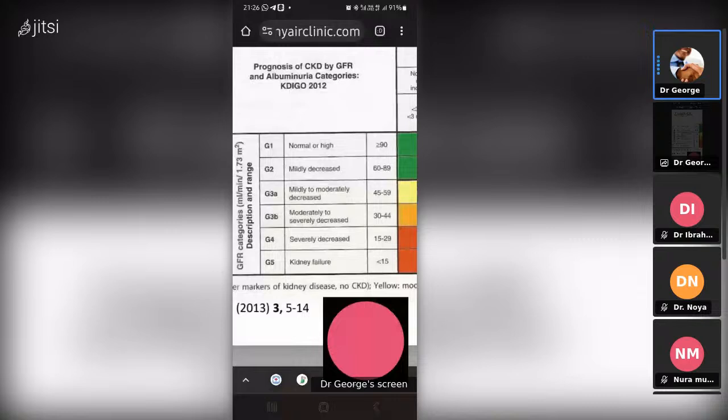So if it's above 90, that means the GFR is still normal. But you can find some evidence of functional or structural abnormality of the kidney. We regard that as still the early stage: kidney damage with normal or increased GFR.